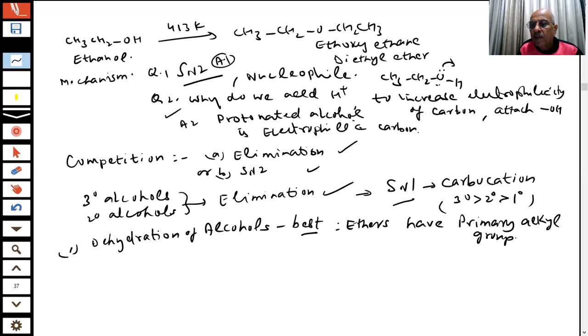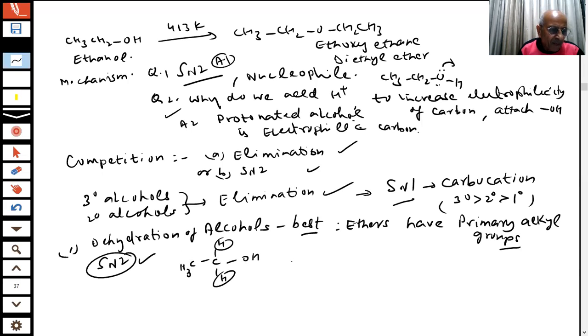What I mean to say is, SN2 reaction will take place, the nucleophile has to attack the carbon. Primary means you have small groups attached here. Now these atoms are small. The ethers which we prepare by this method are suitable for primary alkyl groups only.